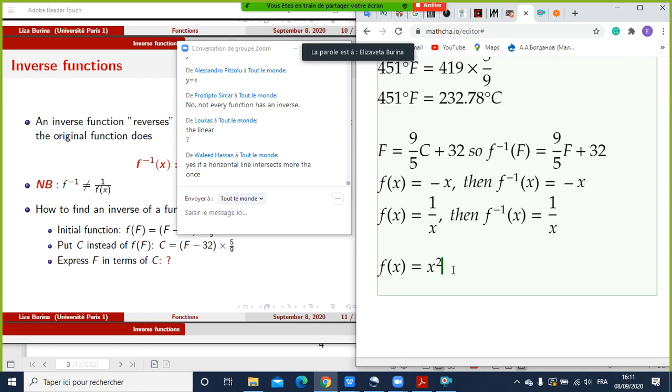We just say x squared does not have an inverse. There are many more, and what unites them is that for any value of y, we can have two corresponding x's. It is still a function because for every x we have only one y.